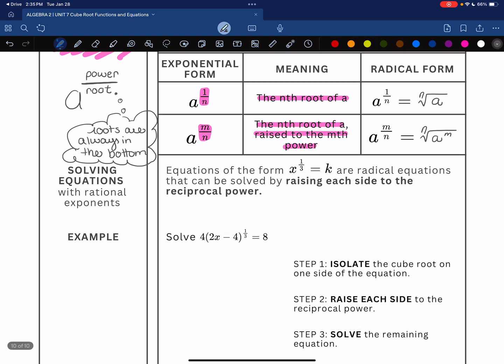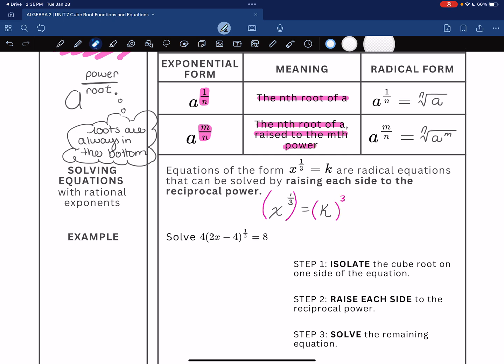If I have x to the 1/3 power equaling k, then to solve this I need to raise it to the 3 over 1 power, or I need to cube it.